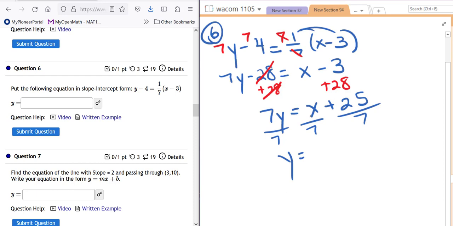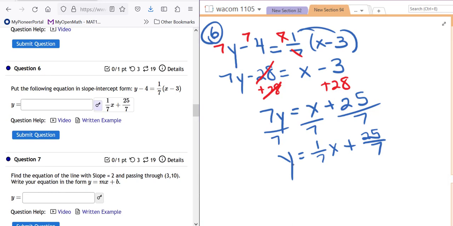So you can pull the coefficient away from the x in this first term. It would be 1/7 x, and this plus 25 over 7, that doesn't divide evenly, so just leave it. Your y is now isolated, and that is our goal. So y equals 1/7 x plus 25 over 7.